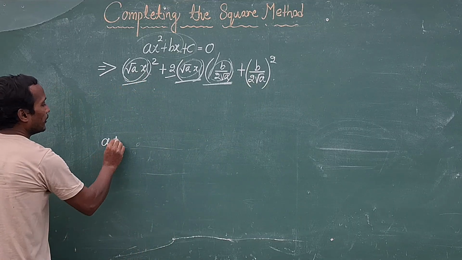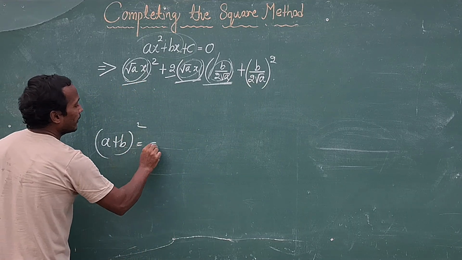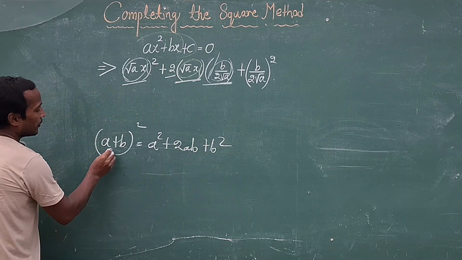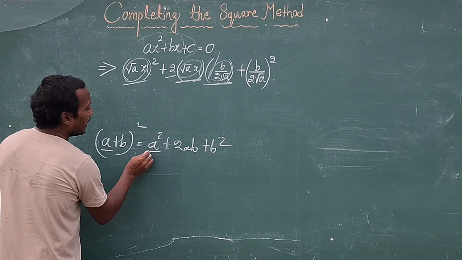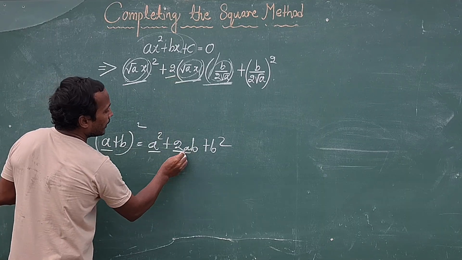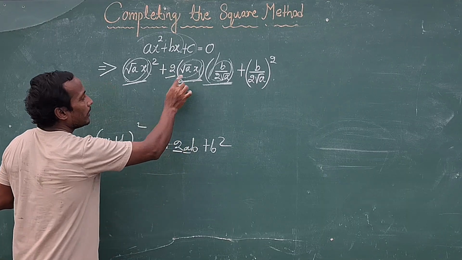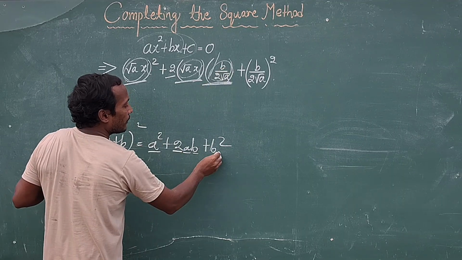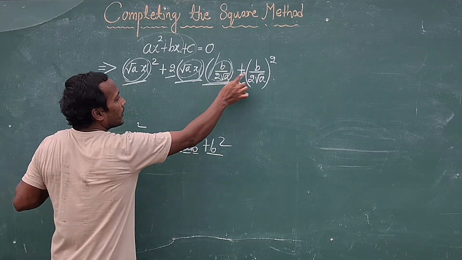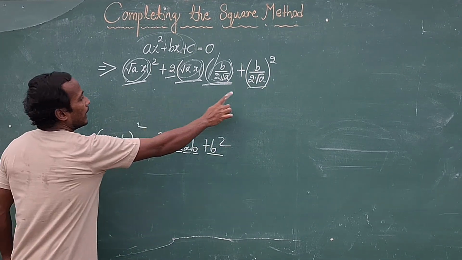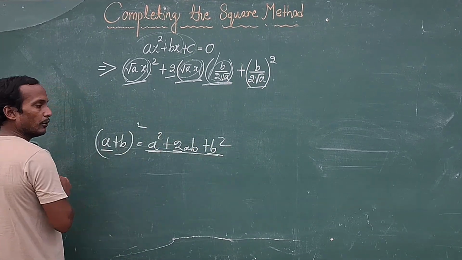Your identity a plus b whole square tells that a square plus 2ab plus b square. So for a square we have this root ax whole square, 2 here. a is being played by root ax. The role of b is being played by b by 2 root a. So b square is b by 2 root a whole square. Okay, so this particular part matches with our identity a plus b whole square.